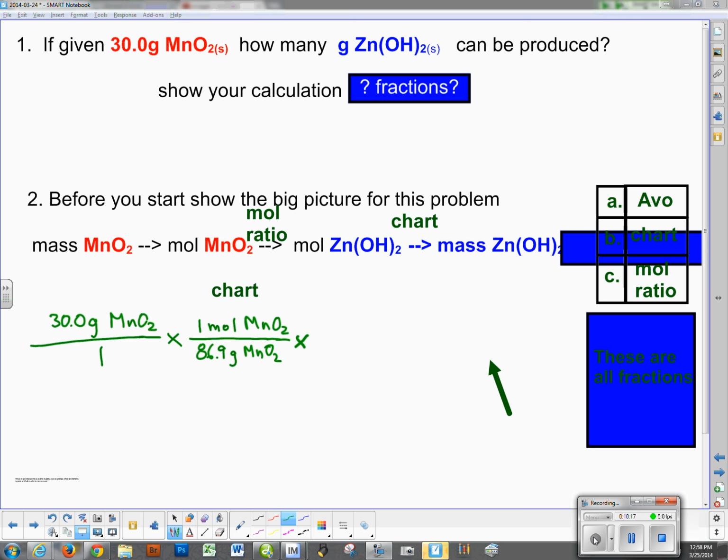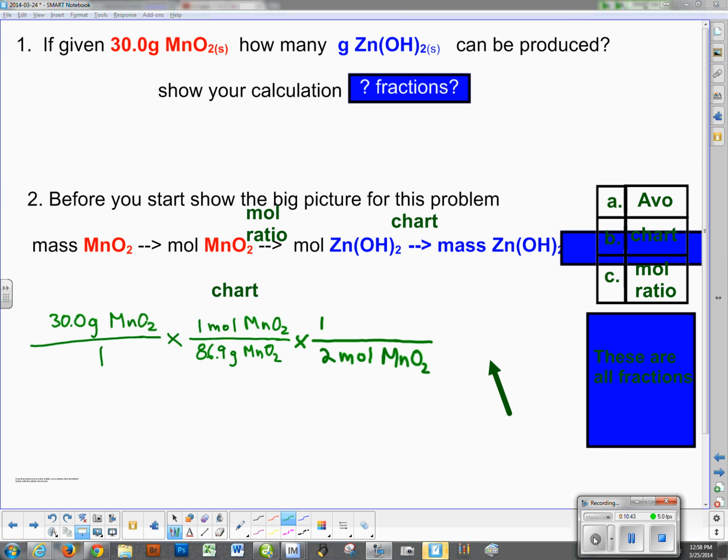Now, our next little fraction is going to be the mole ratio. So the mole ratio in the balanced equation showed us that we had 2 as a coefficient for manganese 4 dioxide, MnO2. And then we had a coefficient of 1 on the zinc hydroxide. And that would be a mole again.